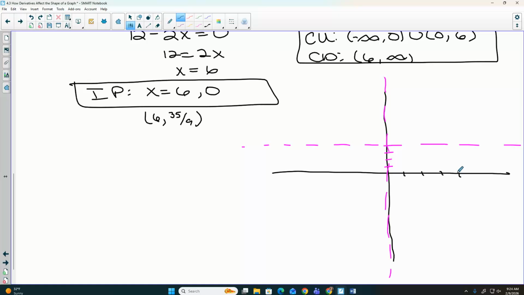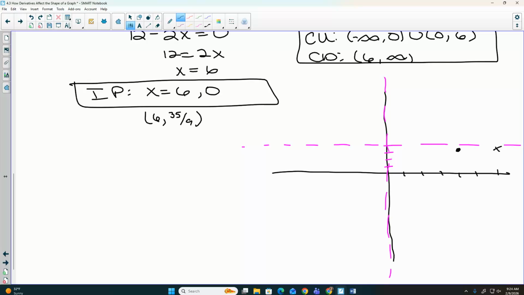So 31 over 8, that's just a little bit less than 4. And my inflection point is at 6, 35 over 9. All right, 31 over 8 is like 3.875, 35 over 9 is 3.88. It is just barely higher.